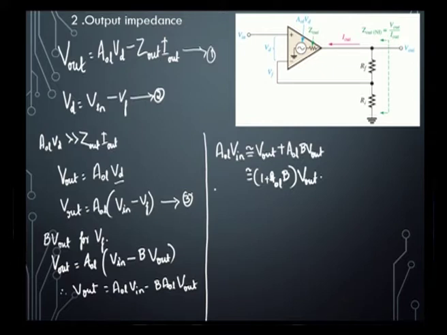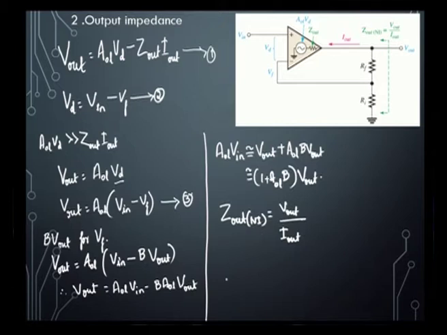We know the Z out, that is the internal impedance of the non-inverting amplifier, is equal to V out divided by I out. So, I am substituting Z out into I out in the place of V out. So, V out is replaced by Z out into I out.